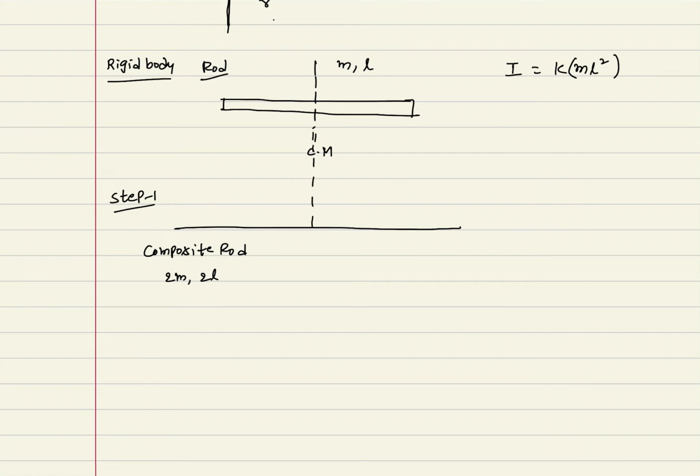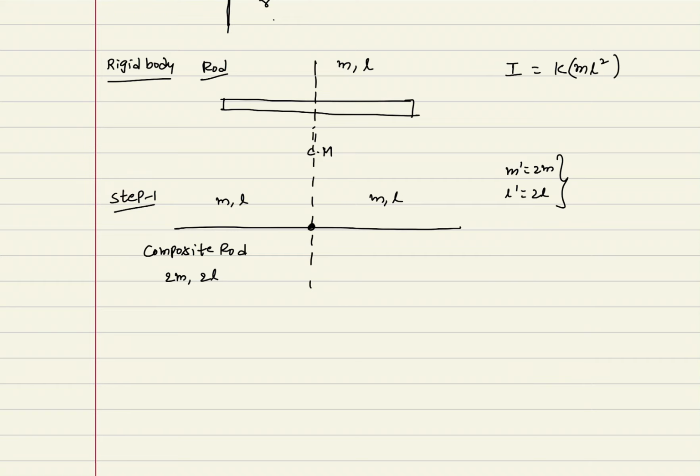According to our relation, you can see here the center point is the same; here mass m, length l, and here also mass m and length l. We can treat this as a rod having mass m dash equals 2m, length equals 2l.